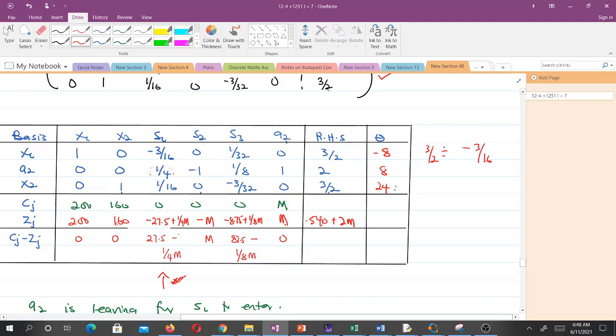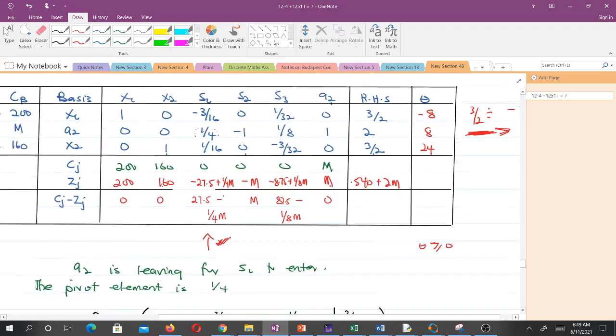That will give us minus 8. And one condition is that theta should always be greater than or equal to 0. So since it's negative, you are not interested in it. When you do 2 over 1 over 4, you get 8. When you do 3 over 2 over 1 over 16, you get 24. So in terms of the positive values, the 8 is the least, and so that means A2 is going to leave the basis for S1 to enter.